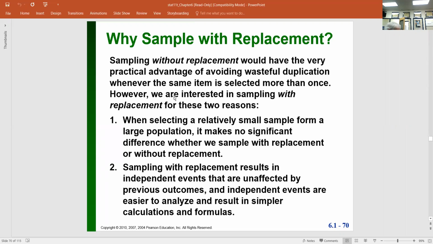Now, there is a rule that says that if your sample is less than 5% of the total possible samples, then we can treat each selection as having the same probability. In this example, we're talking about taking 20 pacemakers.